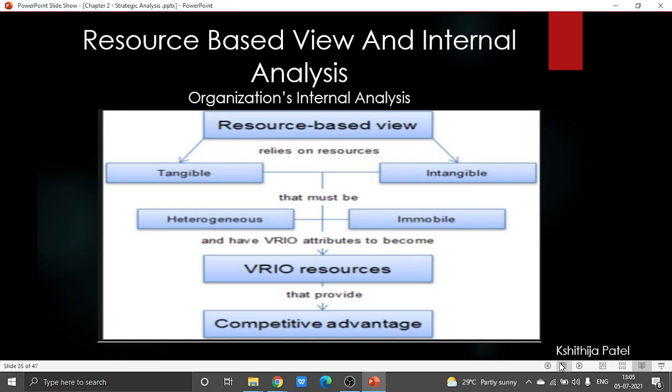So the resources could be anything, the tangible resource or the intangible resource which the organization owns. And when the organization is dependent on these resources, it tries to change a short run competitive advantage into a maintained competitive advantage.